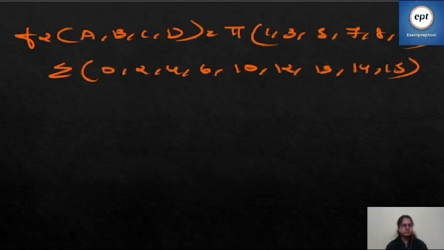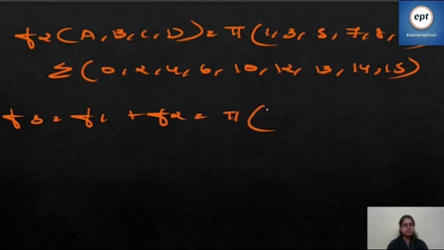Now if you do OR of f1 plus f2, which equals f3, what will be the max term product? Here it will be 1, 3, 5 and 11. In the OR, you will have to take out the common terms.